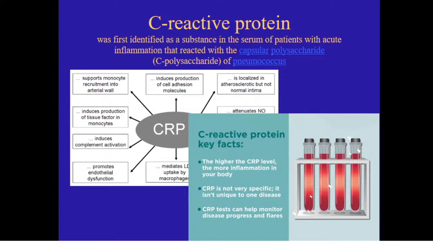So this helps to monitor disease progress. In many diseases, we have recommendations at what level of C-reactive protein we need to use some drugs to help the patient.